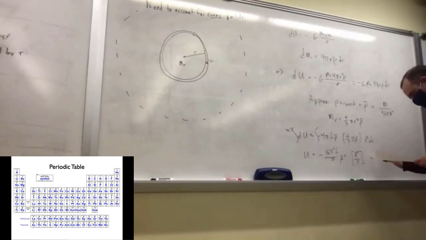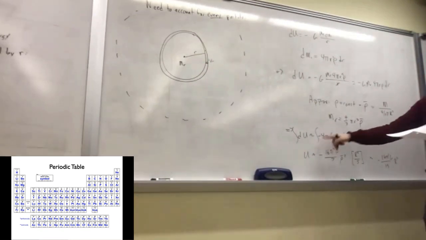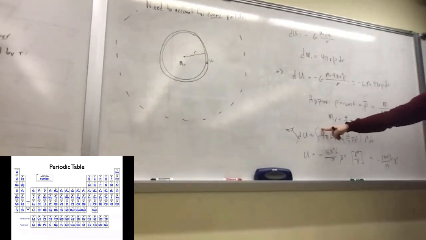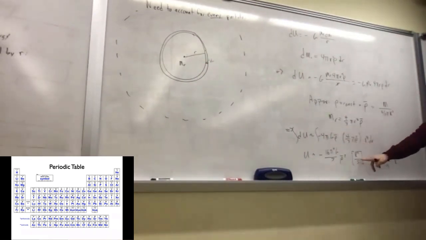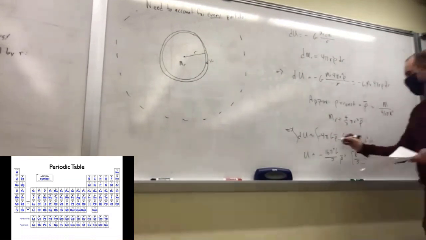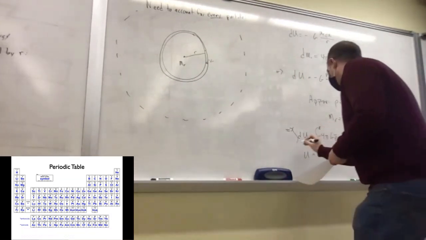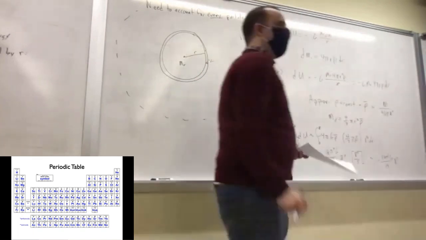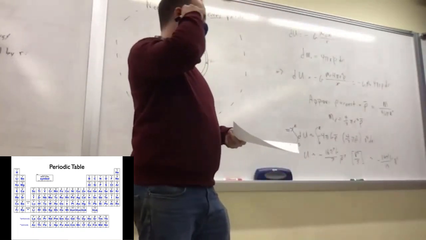This is roughly negative 16 pi squared G over 15 times R to the 5th. Right, we're integrating from 0 to the outer radius, which is why this little r becomes a big R. I should put that explicitly, 0 to capital R, integrating over the whole star.